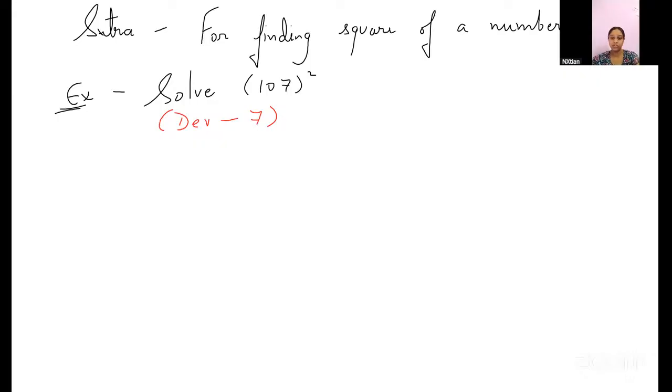Now what will we do? Step 1: do the square of the deviation. The deviation is 7, so the square of 7 gives me 49.